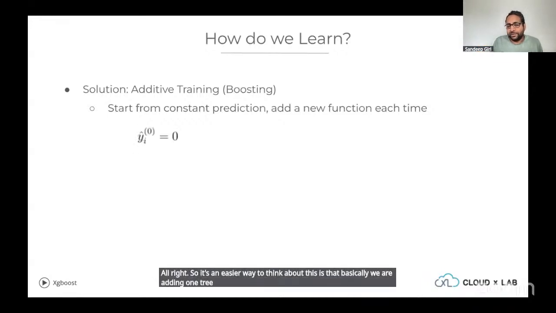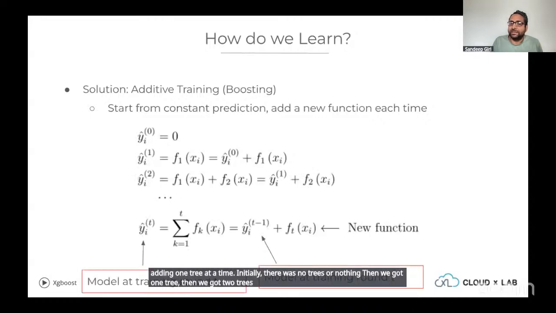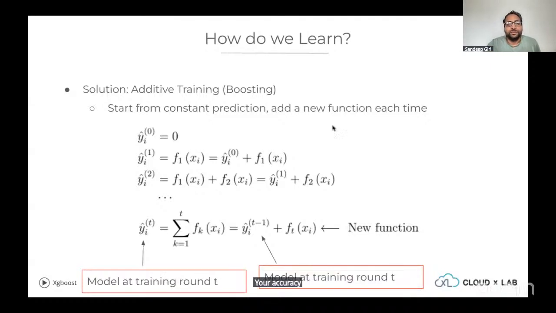Initially there was no tree, so nothing. Then we got one tree, then two trees, then three trees. So on addition of a new function or new tree, your accuracy is improving. Everyone okay till now?